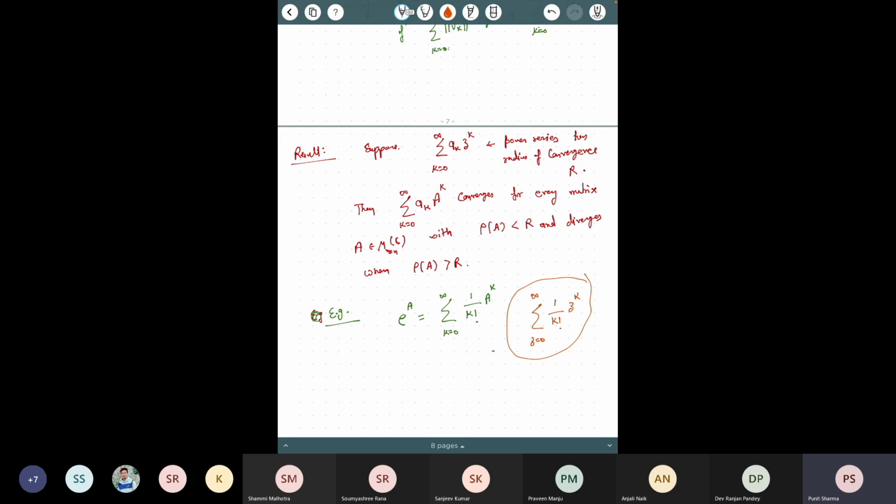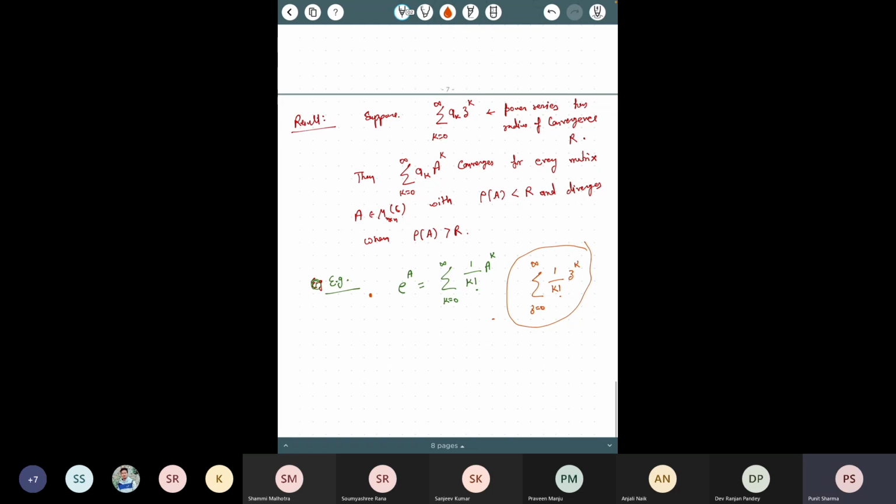Now you can see here, this makes sense. So one of the answers we have already obtained. Similarly, the same way you can answer when cos of A, or let's say sine of A, makes sense. At least you can define cos of a matrix, sine of a matrix. But the question is, for what A is this defined? Similarly, for what A is sine of A defined?